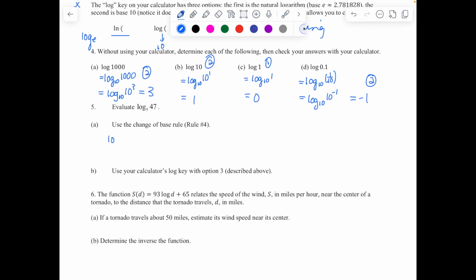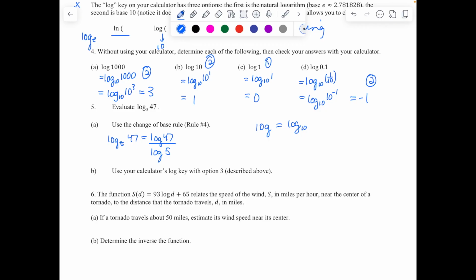Okay, so we're going to evaluate log base 5 of 45 in 2 ways. So what I can do is if I want to use the log base 10, and I'm actually going to get rid of it, so now we know that log equals log base 10, I'm just going to say log 45 over log 5. Okay, and that's rule number 4.